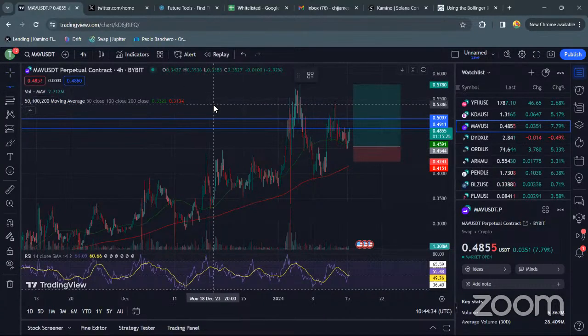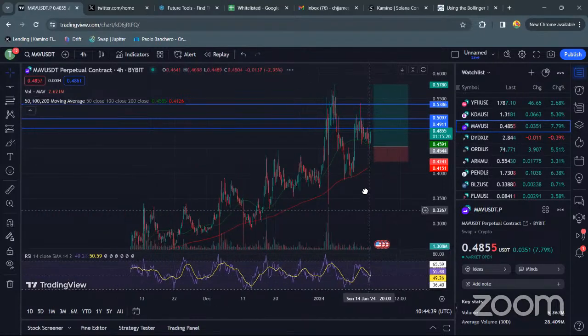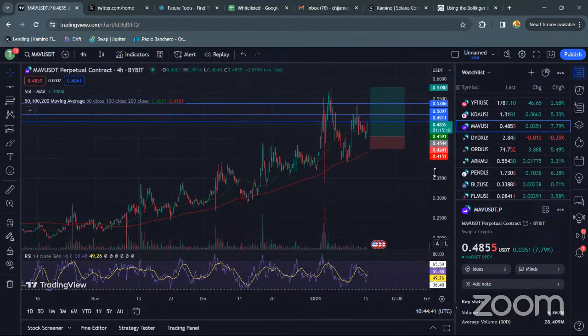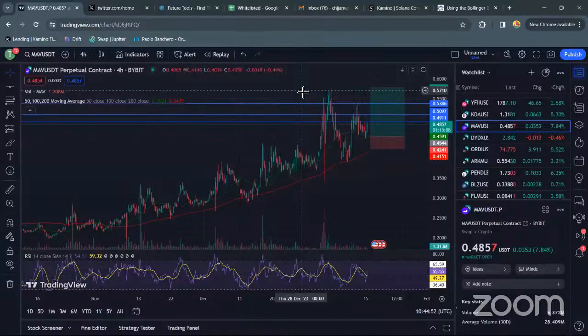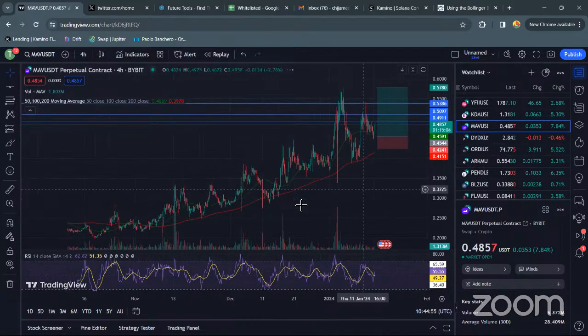Yeah, MAV is another one that has seen a massive move, because when we were trading it earlier in December, it was somewhere around 0.2, 0.3, and now it even got as high as 0.57. Massive, massive potential with MAV, with moves last year.